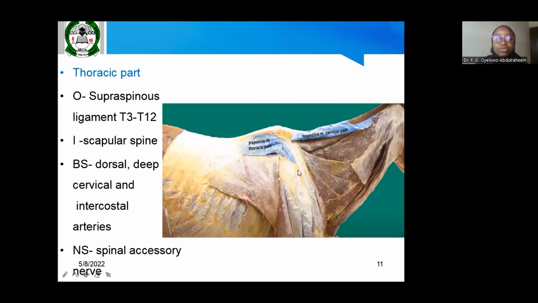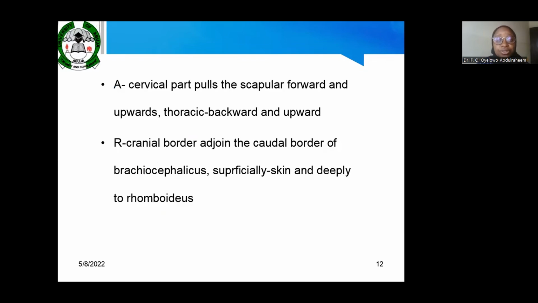The blood supply to this muscle, that is the trapezius muscle, is by way of dorsal cervical, deep cervical, and intercostal arteries, while the nerve supply is by way of the spinal accessory nerve. Action.